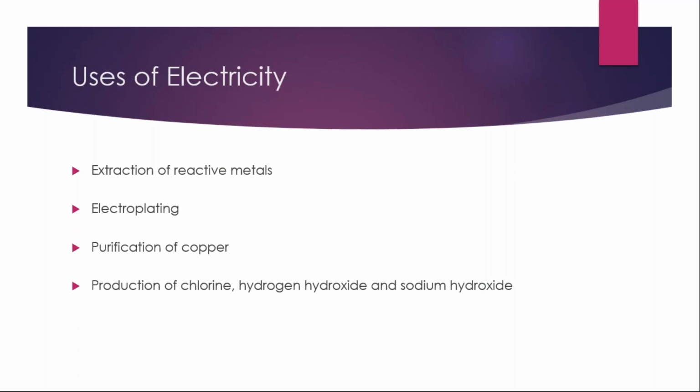Electrolytic reduction involves passing electric current through the molten state of the metal ore, and as soon as electricity is passed through, the metal is produced.